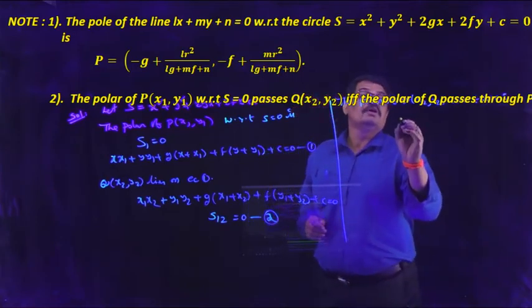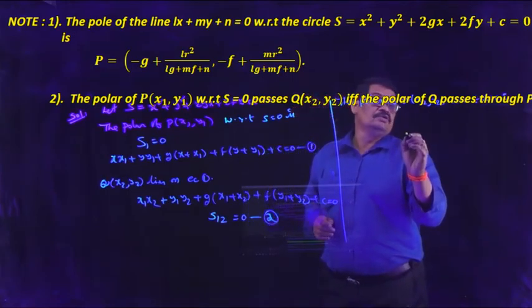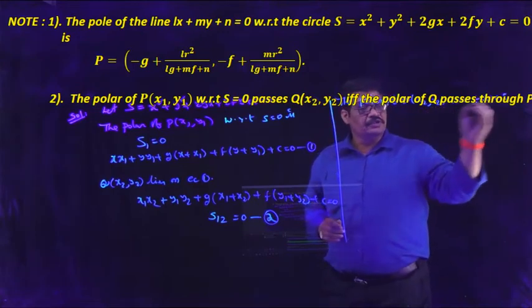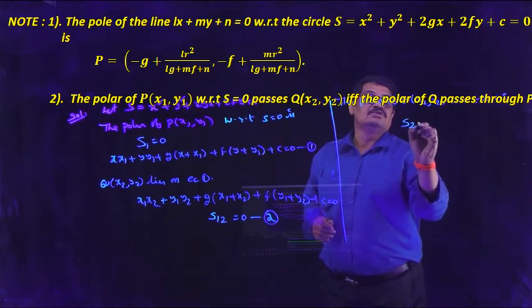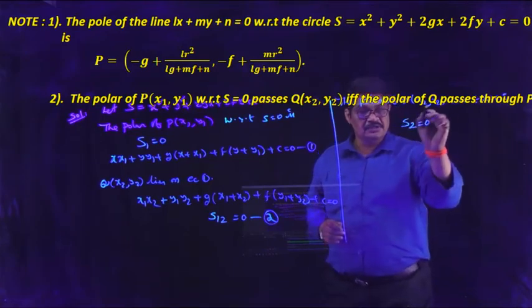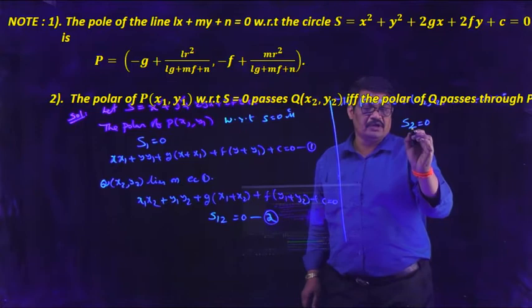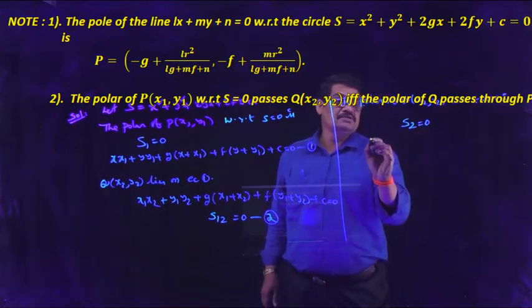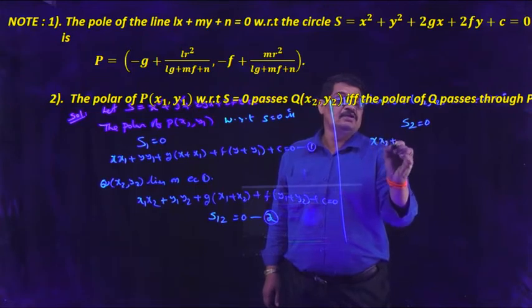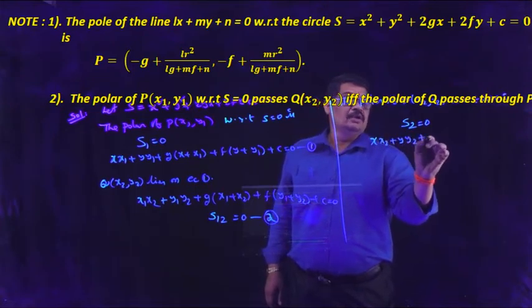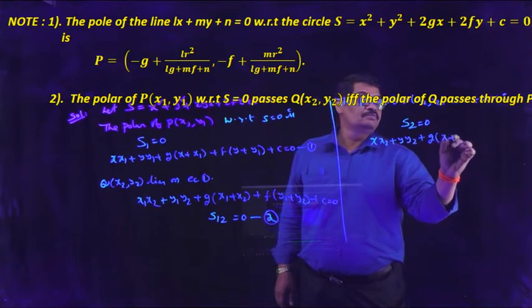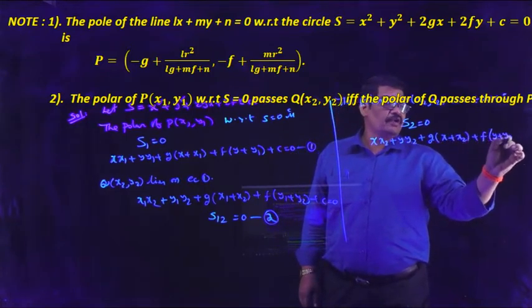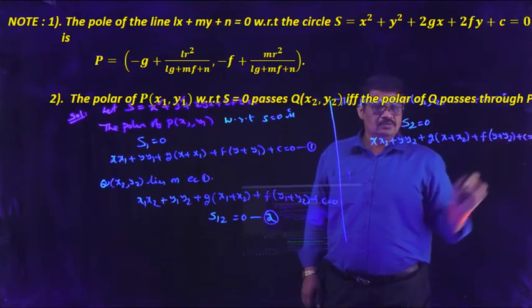Q is (x2, y2), so the polar equation of Q with respect to the circle is S2 = 0. What is S2? x·x2 + y·y2 + g(x + x2) + f(y + y2) + c = 0.